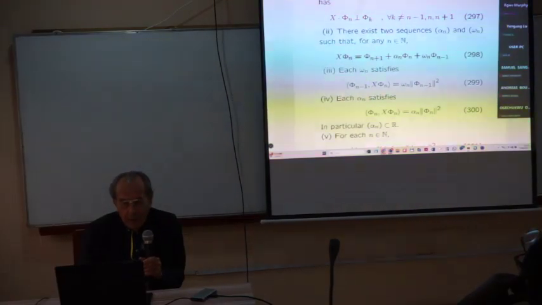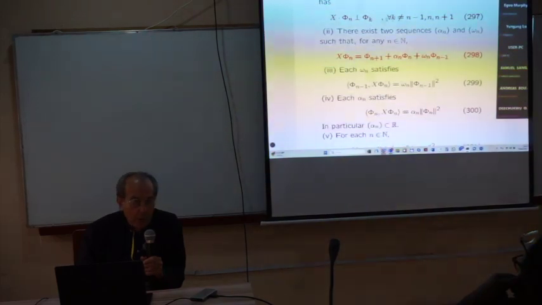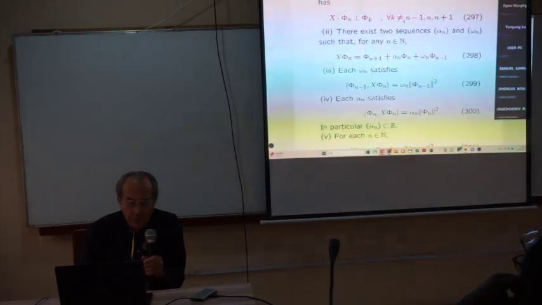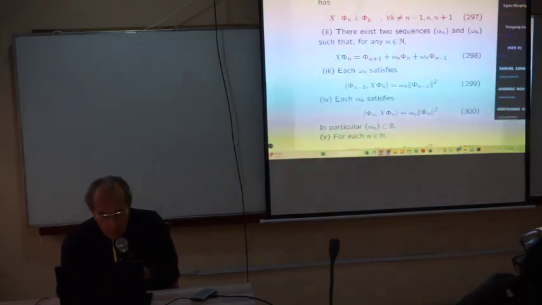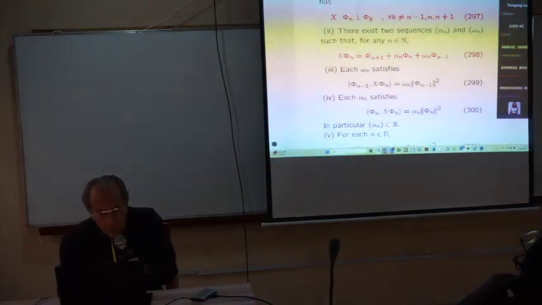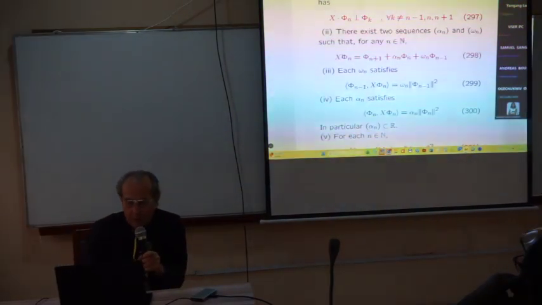This you have to keep in mind because it's the fundamental relation for the whole theory. From this relation, it follows in a simple way, and we will see the proof in a future lecture.